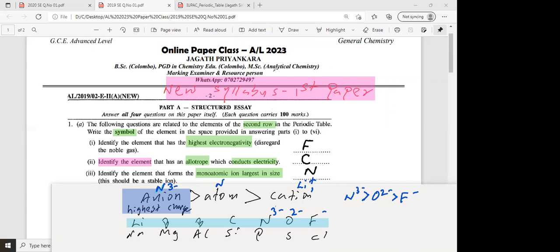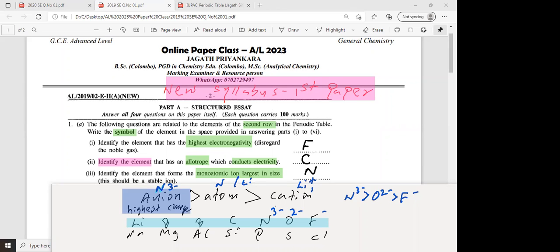Li plus is smaller than Li, and N3 minus is greater than N. That is important.